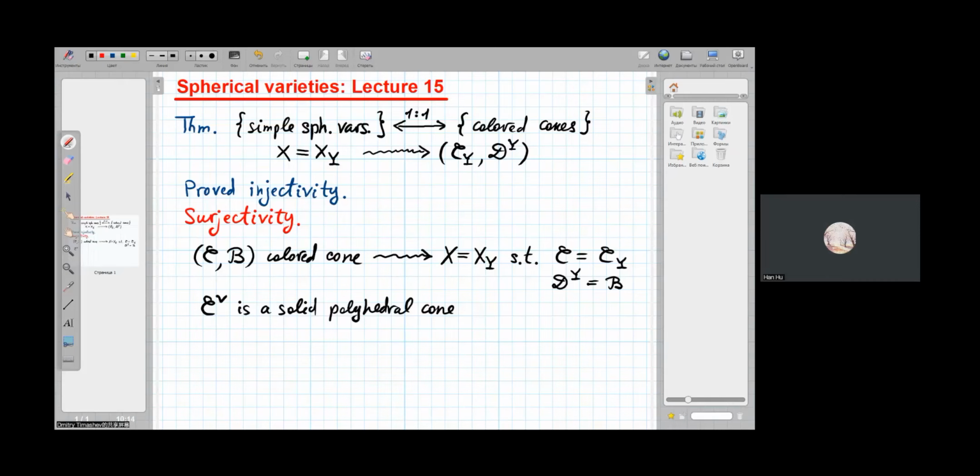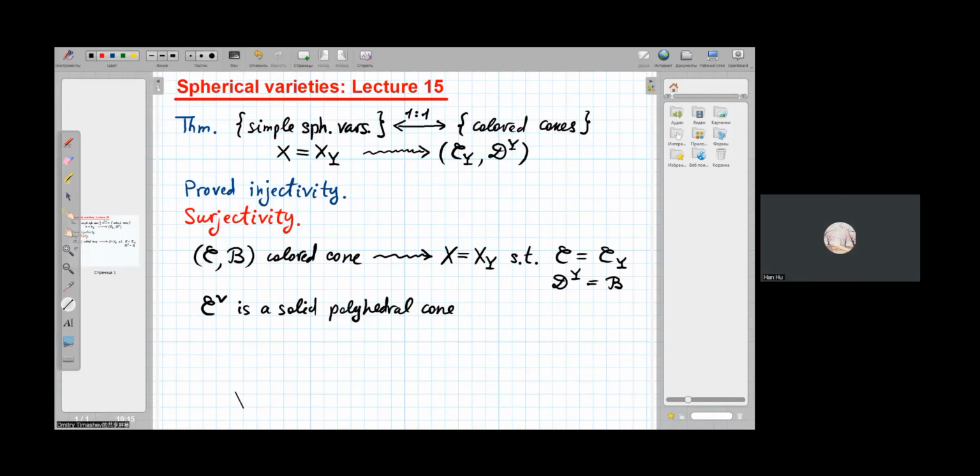Now let's consider all lattice vectors in this dual cone C check. They form an additive semigroup. Well, let me draw it on the picture. Suppose you have this cone C check, something like this.